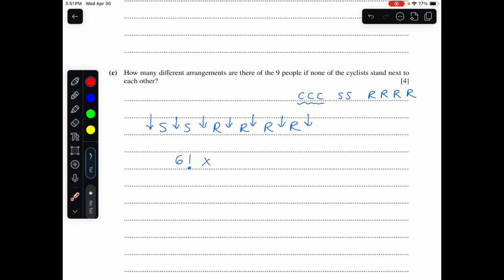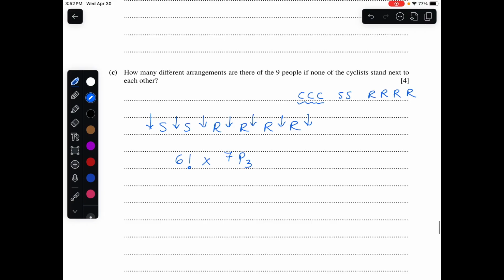And then how many gaps do we have? 1, 2, 3, 4, 5, 6, 7. So 7 gaps. So it's going to be 7P3. It's 3 because there are 3 cyclists that we need to arrange. So 6 factorial times 7P3 is going to be your answer, which works out to be 151,200. All right. So that's about this paper.